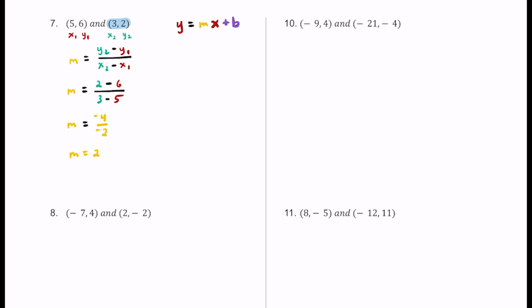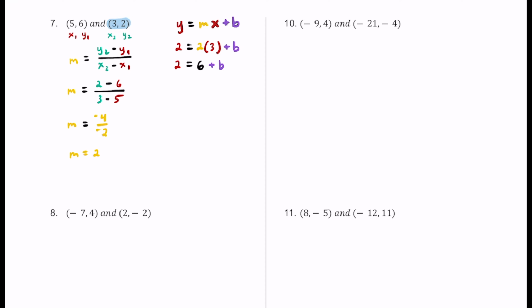Okay, so in this case, I'm going to make my y equal to 2. So I'm going to say 2 is equal to our m, which we found out was 2, multiplied by x, which in this case is 3, and then plus b. So notice how we're solving for b now. We have 2 is equal to 2 times 3, that's going to equal 6, and then plus b.